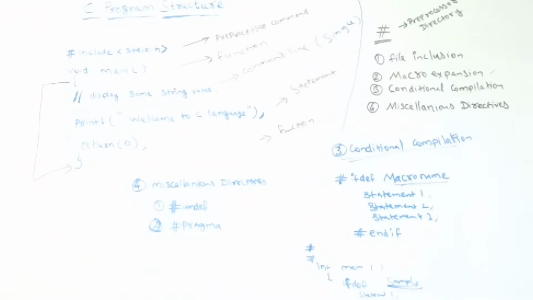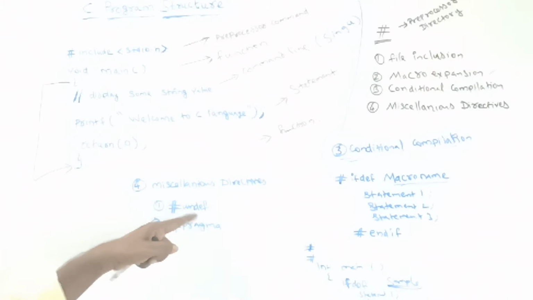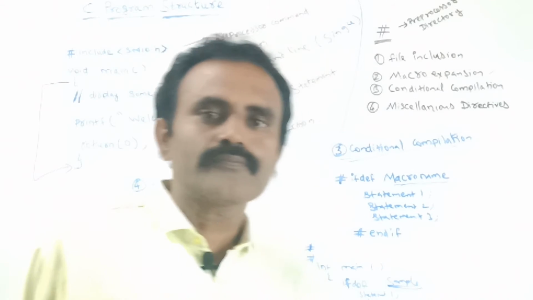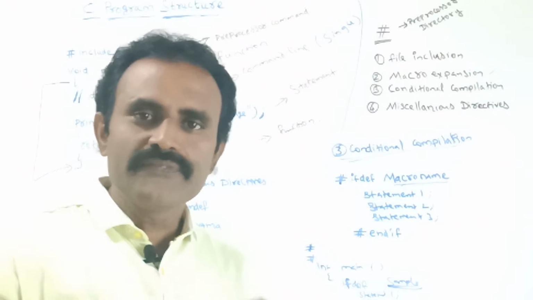These are the two miscellaneous directives of the preprocessor. The first one is undef. This undef is used to undefine the defined one.